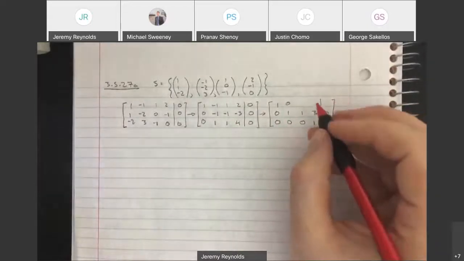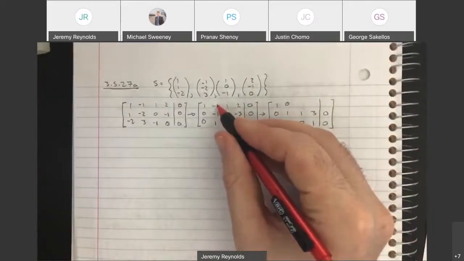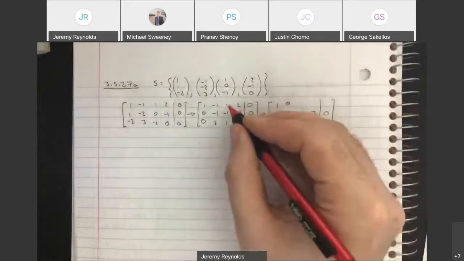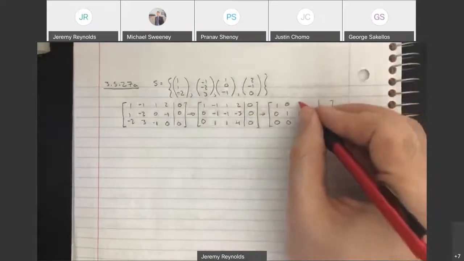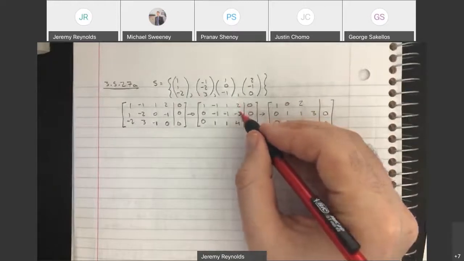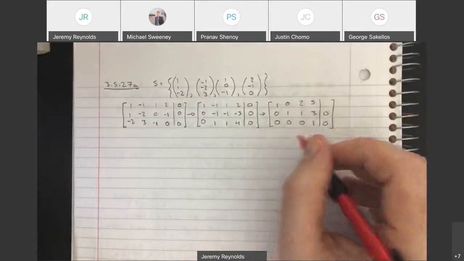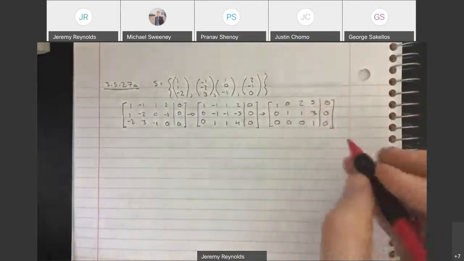And on the top, we're subtracting. So -1 minus -1 is 0. 1 minus -1 is 2. And 2 minus -3 is 5. 0.